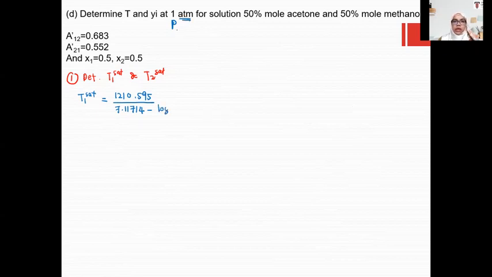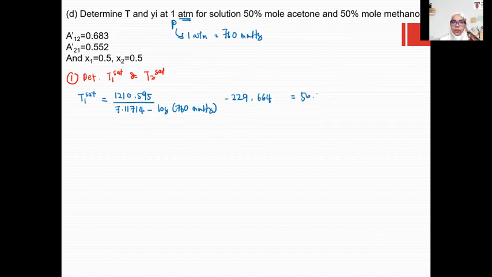The unit is atm, so you should change the unit. So 1 atm is equivalent to 760 mmHg. Insert this value into the Antoine equation, minus 229.664. You can obtain the value of T1 saturation as 56.1 degrees Celsius.